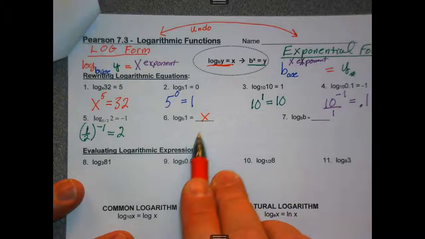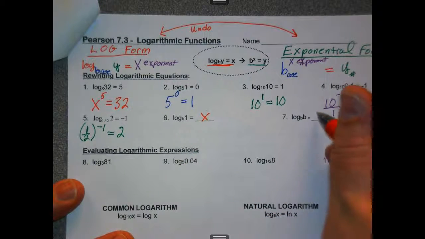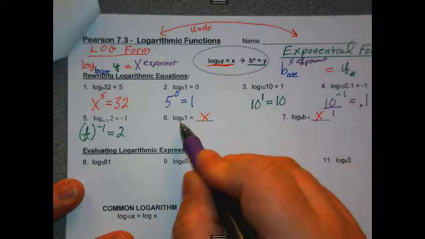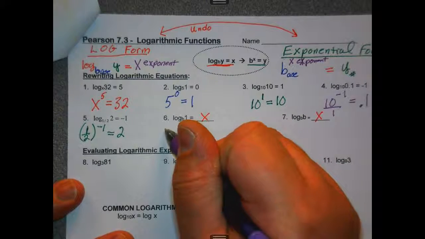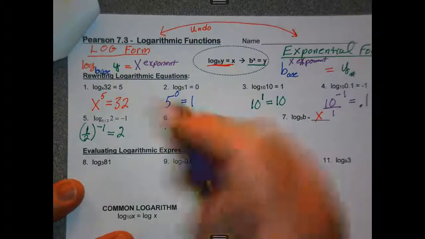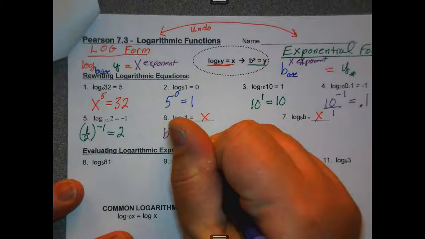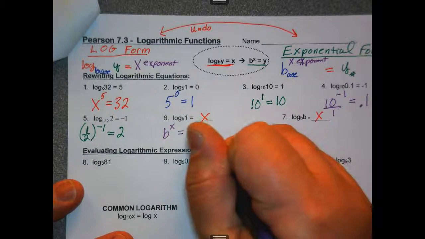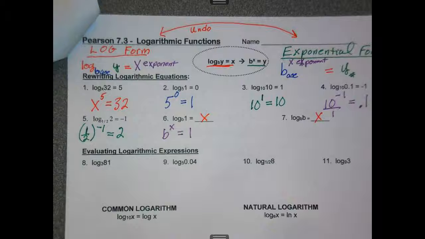X goes there. Okay, so what's my base? B. What's my exponent? And what's my y? What is x? 0. Anything raised to the 0 is 1. Okay.